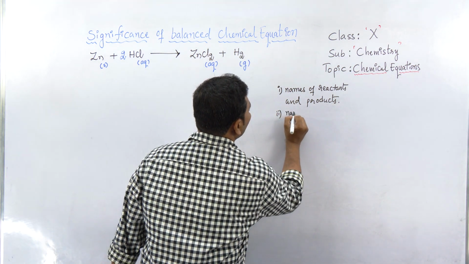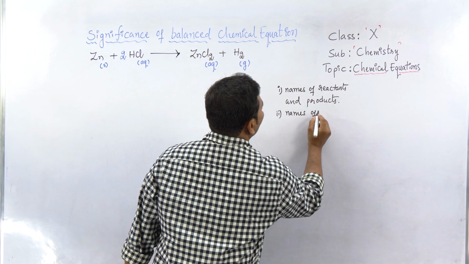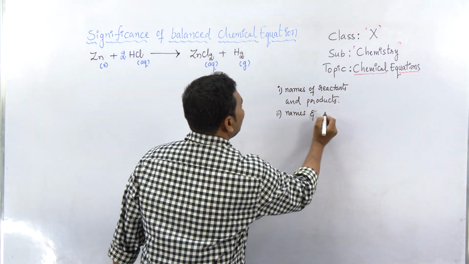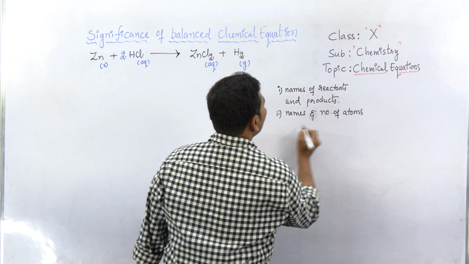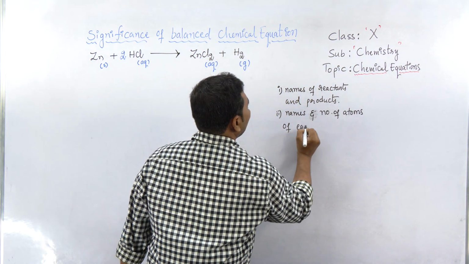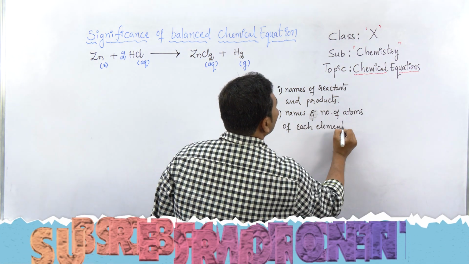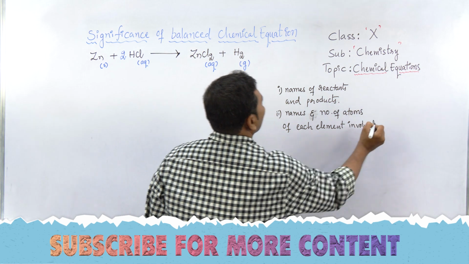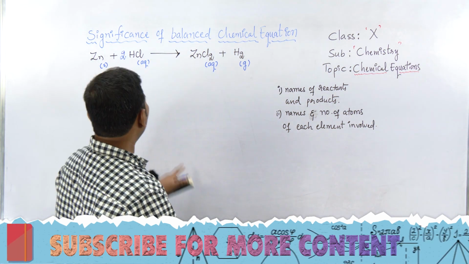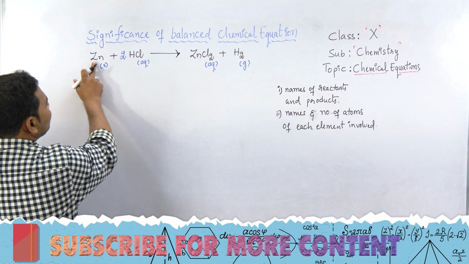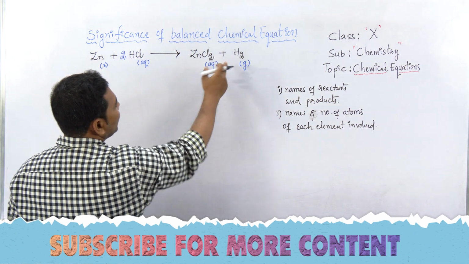We also understand names and number of atoms of each element involved from the balanced chemical equation, right? It is a balanced chemical equation: one zinc, two chlorines, two hydrogens, okay?